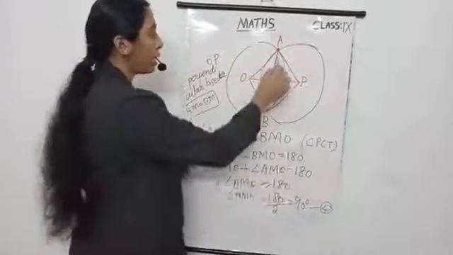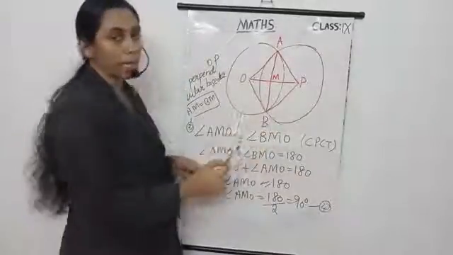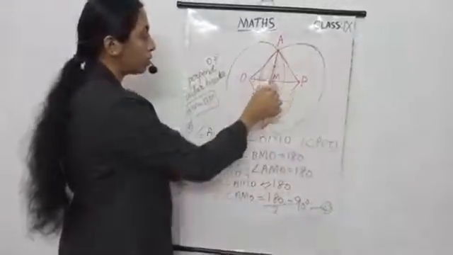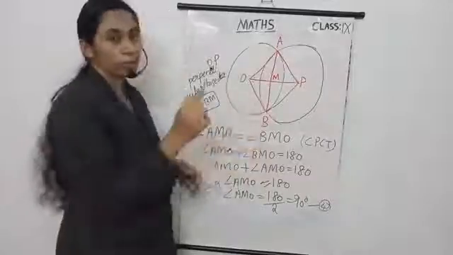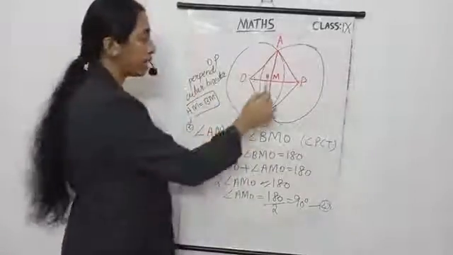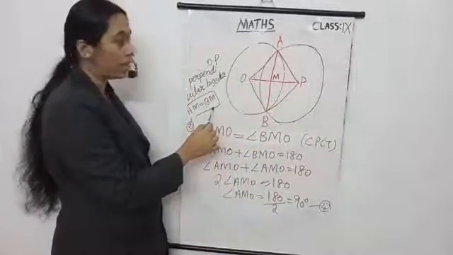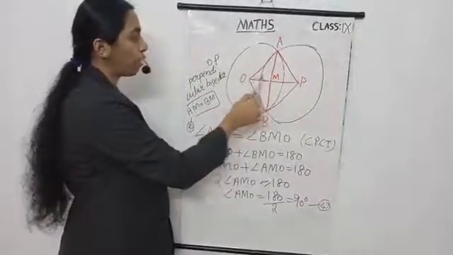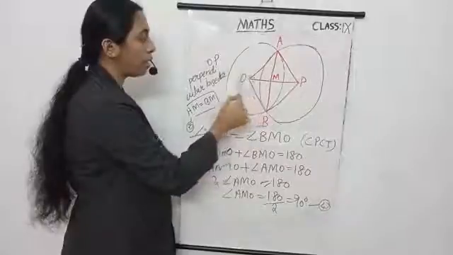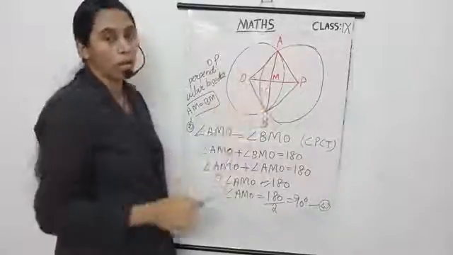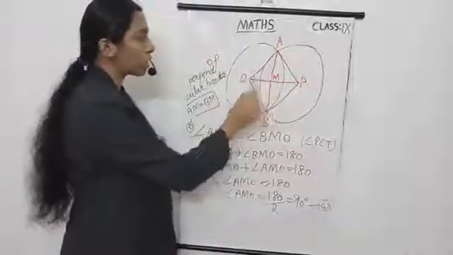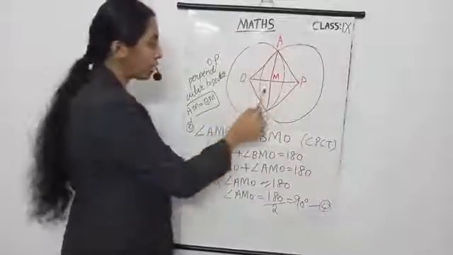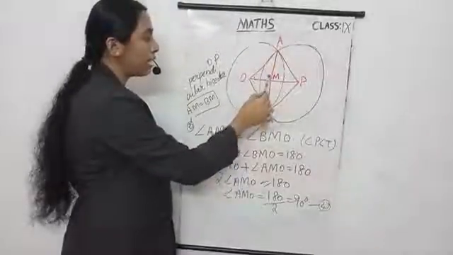From that we get AM equals BM because these are corresponding parts of a congruent triangle. Now consider angle AMO and angle BMO. These two are also equal because they are corresponding parts of congruent triangles.